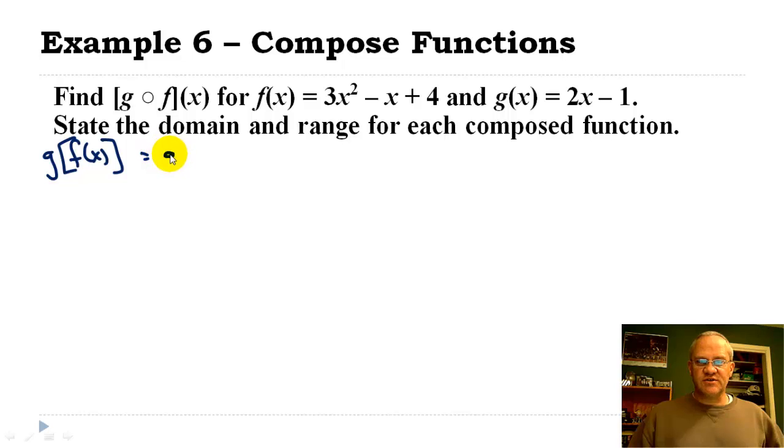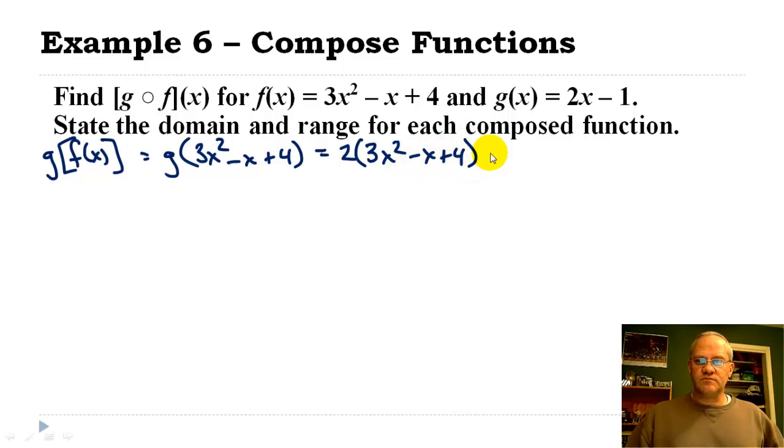So I'm going to try to find g of 3x squared minus x plus 4. Wherever there's an x, I'm going to plug in this whole thing. And so over here it's 2x minus 1, so that's going to equal 2 times x, which is now all of that stuff, (3x squared minus x plus 4) minus 1. So this is my new x.